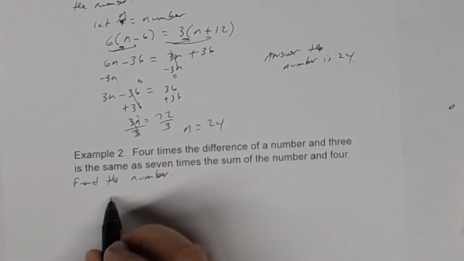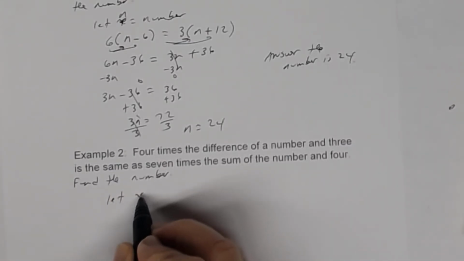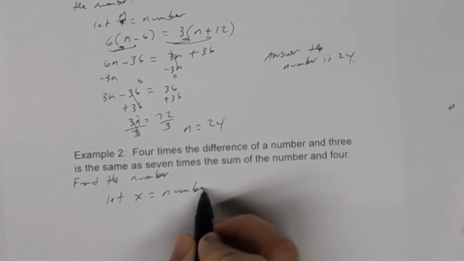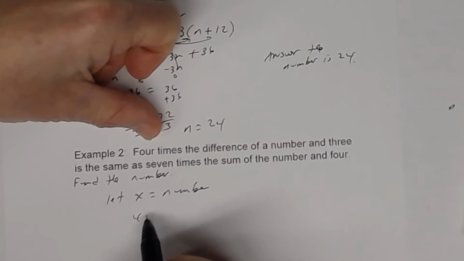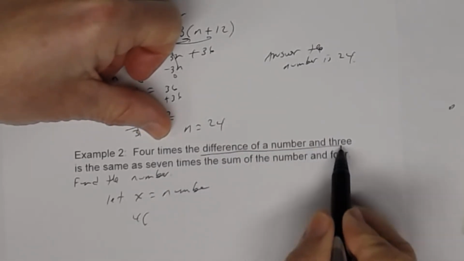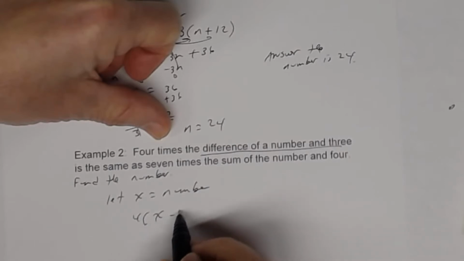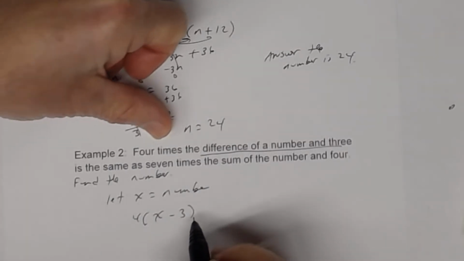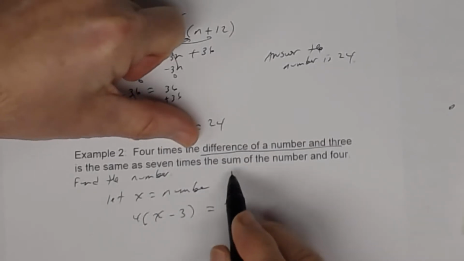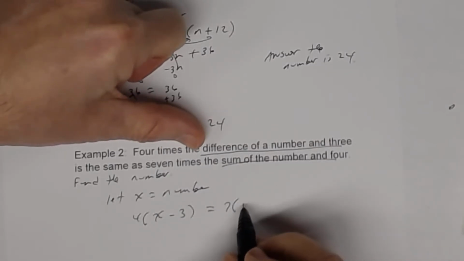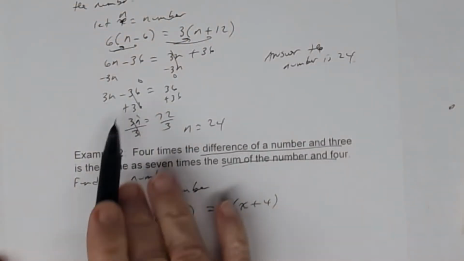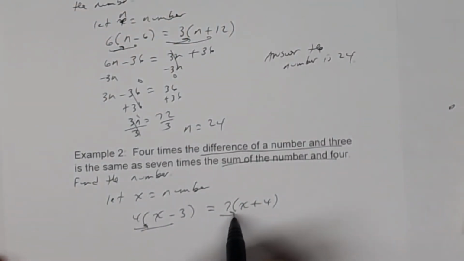First, let x equal the number. 4 times the difference of a number and 3 means x minus 3, is the same as 7 times the sum of a number and 4, so x plus 4.